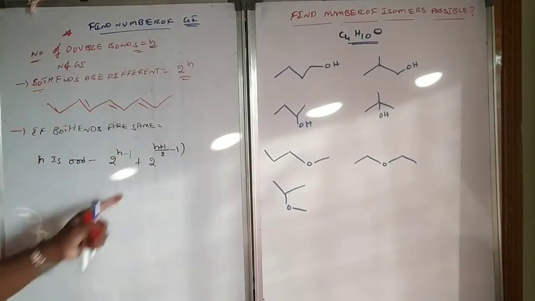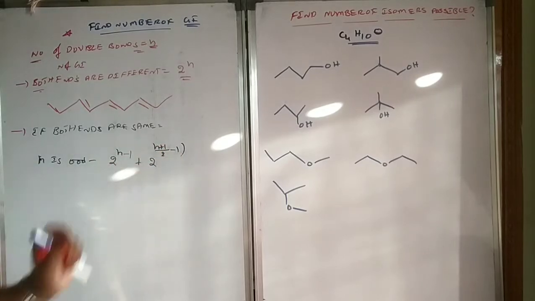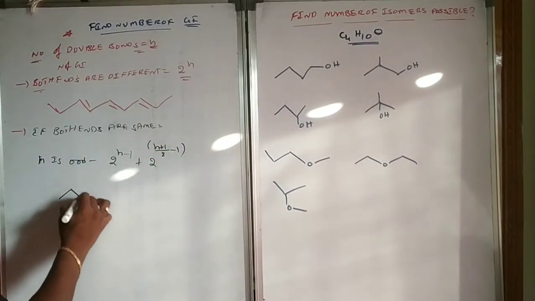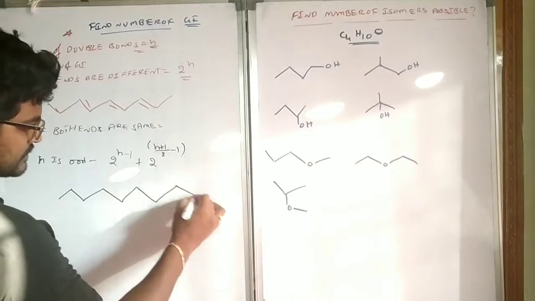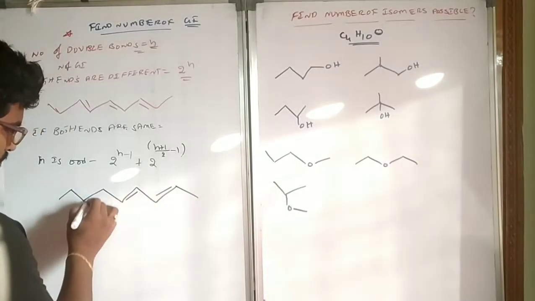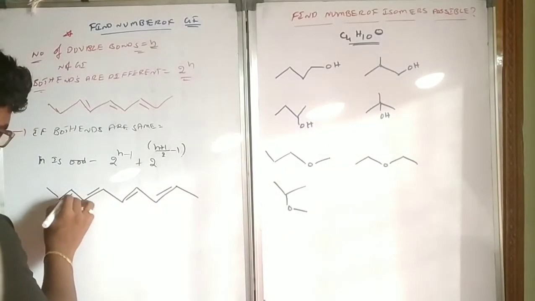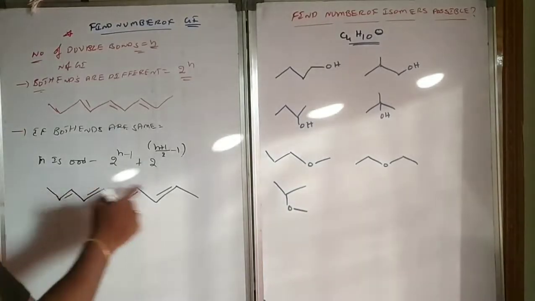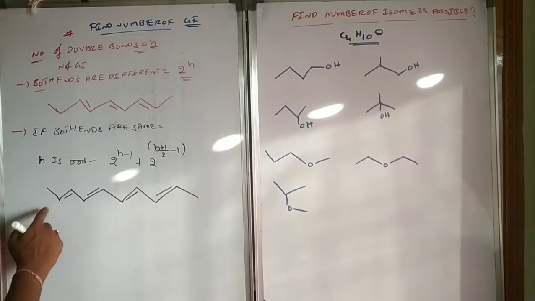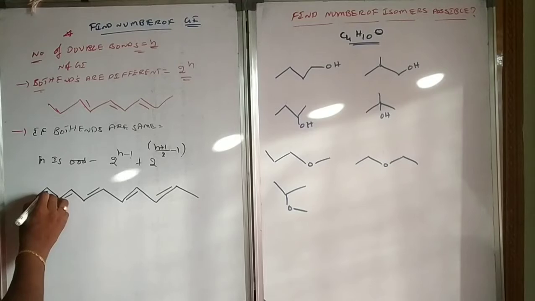You can take this example. Both ends are the same: this has a methyl group and this has a methyl group.